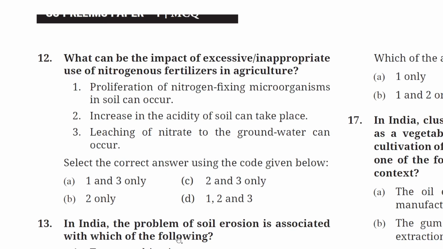What can be the impact of excessive or inappropriate use of nitrogenous fertilizers in agriculture? Proliferation of nitrogen fixing microorganisms in soil can occur. Okay. Increase in the acidity of soil can take place. Leaching of the nitrate to the groundwater can occur. So, excessive use of nitrogenous fertilizers has been asked.